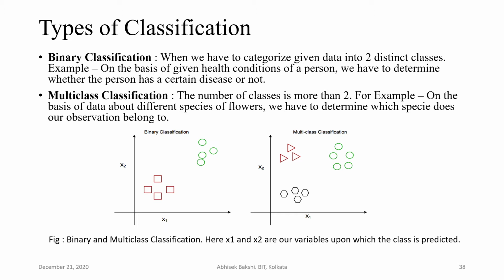You can assume that what the algorithm does is that multi-class classification is divided into a number of binary classifications. Assume this is a binary classification problem. If I draw a boundary like this, it is very easy to segregate these two.